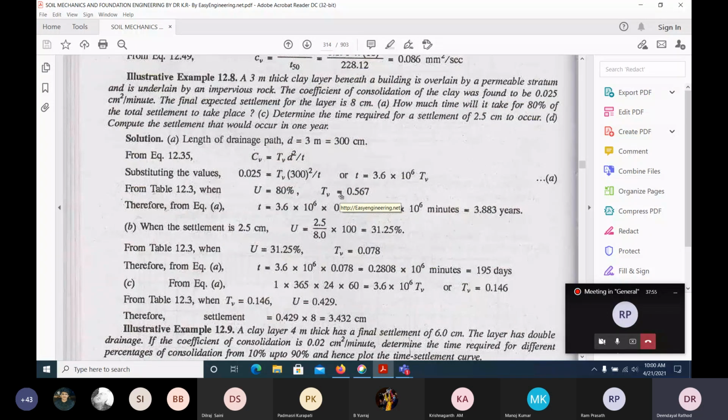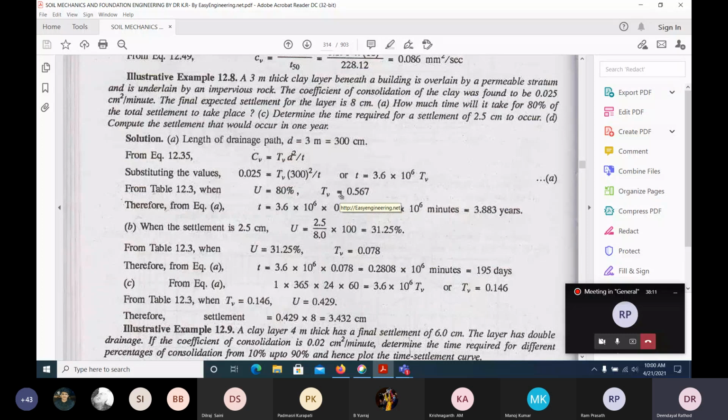Next, determine the time required for the settlement of 2.5 centimeter to occur. Next, compute the settlement that would occur in 1 year. So these are the things we have to determine.